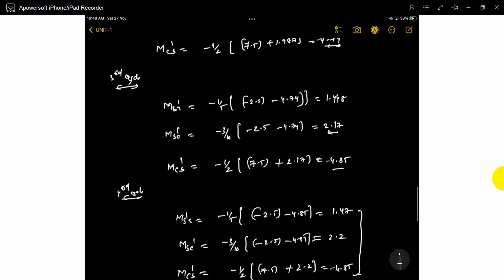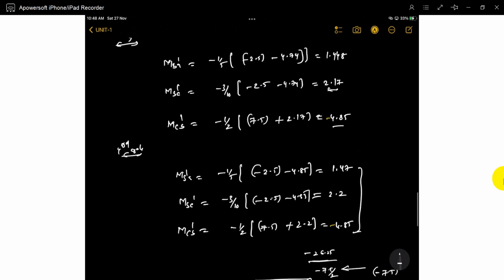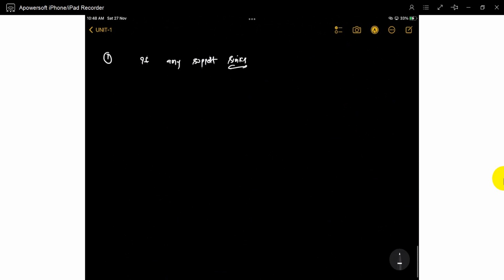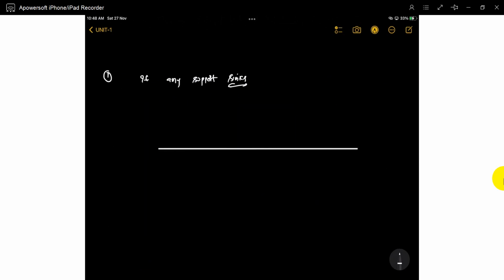I won't do this, but someone may have a doubt, that's why I did this problem. If one of the supports sinks, see, same problem, not the same problem. I will do this. 100 kilonewton load, 12 kilonewton meter, 4 meters, 4 meters.